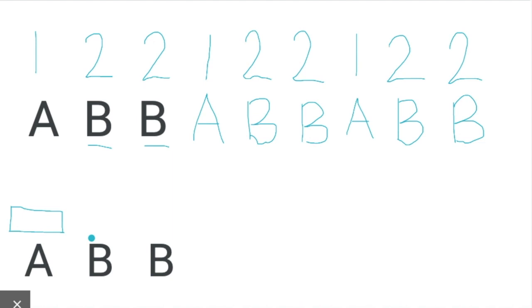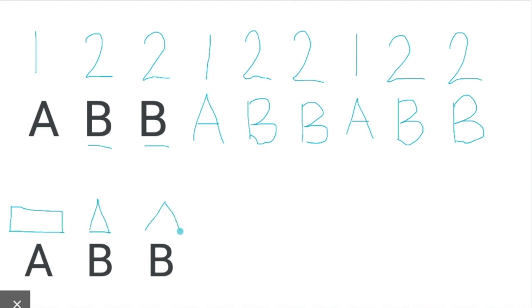I'm thinking of another shape. For our letter B, this shape has 3 sides, 3 points at it. We already drew it. Shout it out to me if you know it. A triangle. All right, so every time we see a B, we always know that the B's are the same.